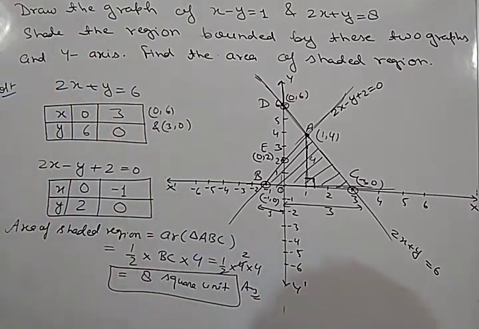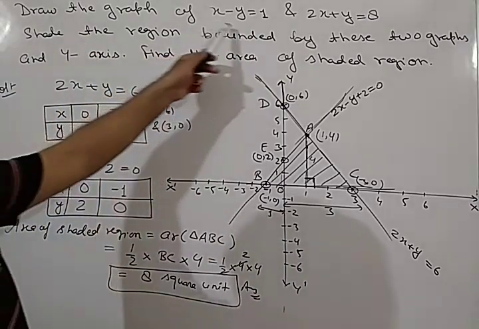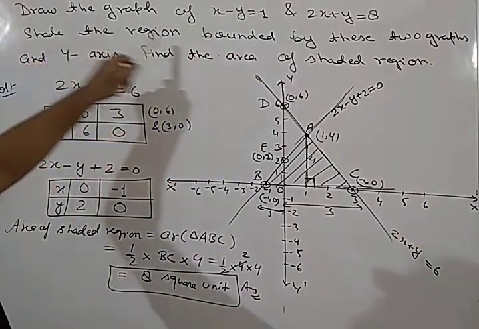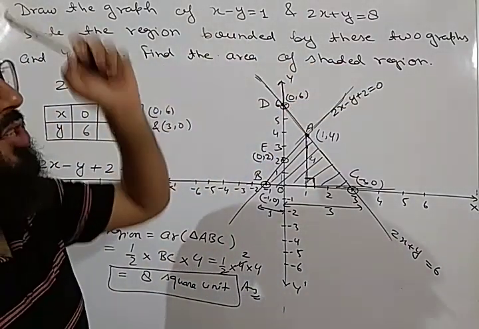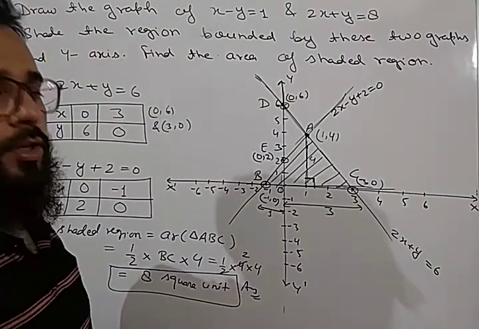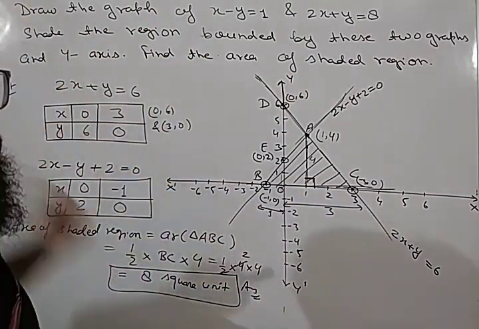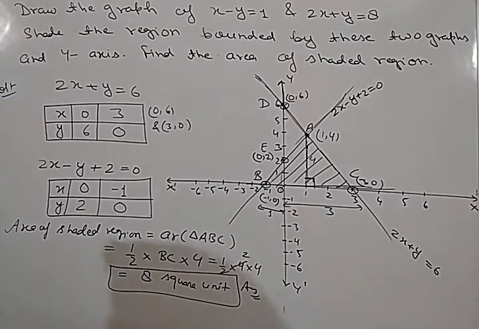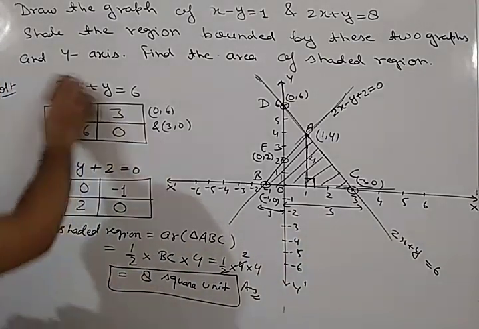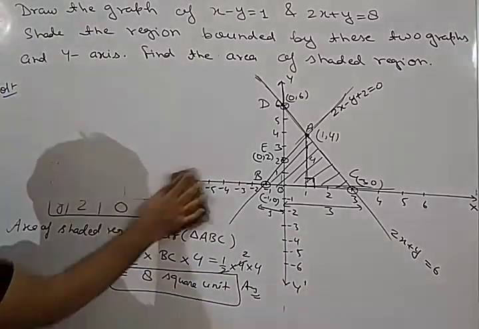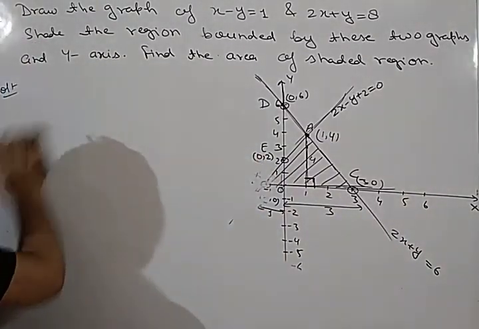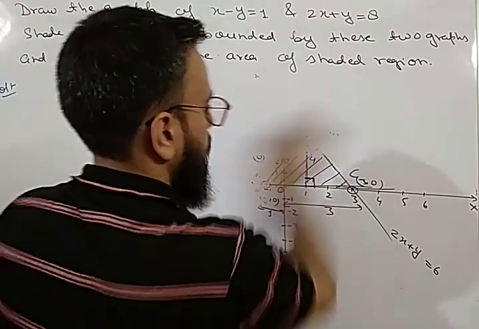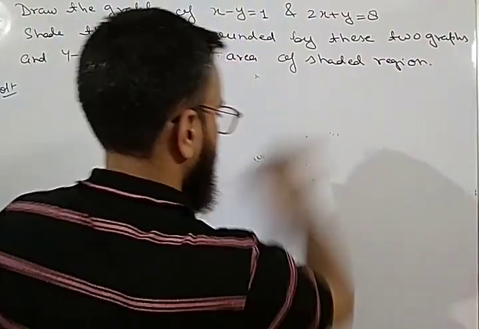Only this much is the change in question. Draw the graph of these two equations, then shade the region bounded by these two graphs and y-axis, and find the area of shaded region. Okay, so the change is y-axis only. So let us start again the same question, only the change is of axis. The two lines and y-axis now we have to take. So let us start with the question.